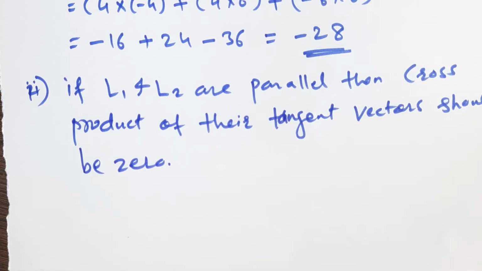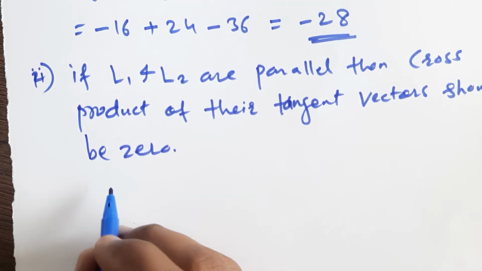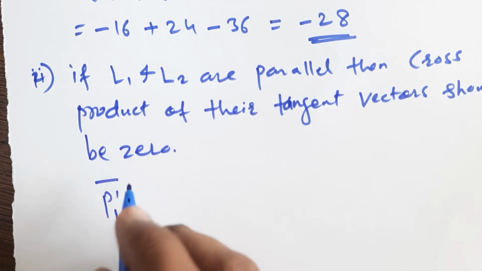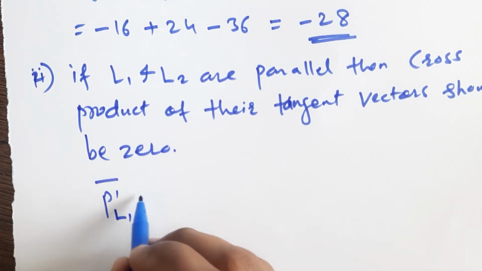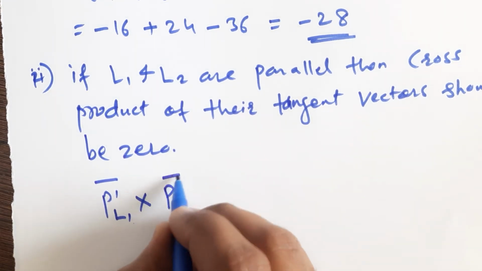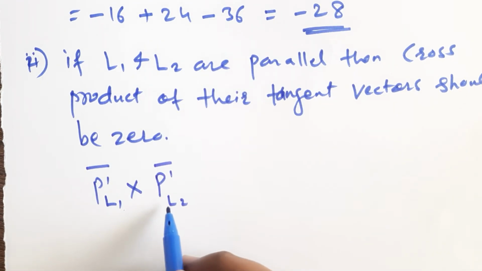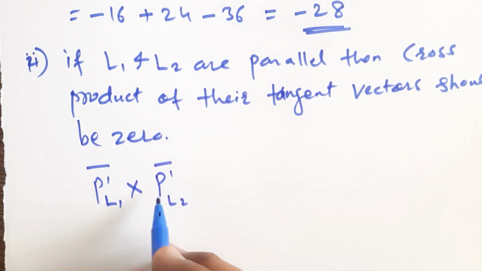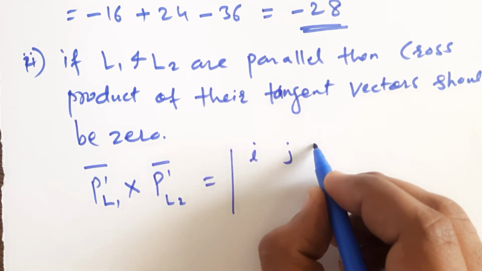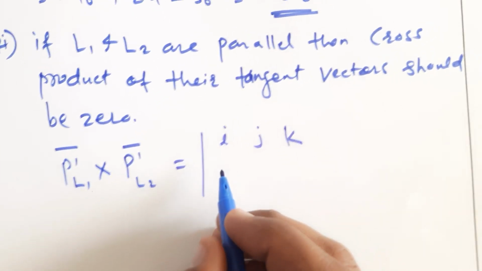Now how to find the cross product? PL1 dash bar is the tangent vector of the first line, and PL2 dash bar is the tangent vector of the second line. The cross product should be 0. So we write i, j and k, then the coordinates.